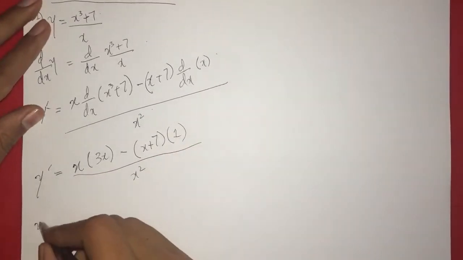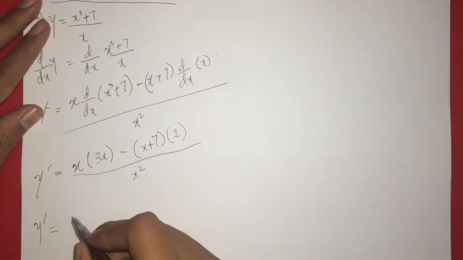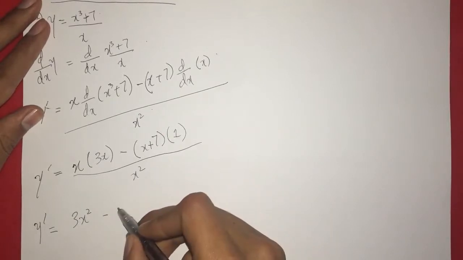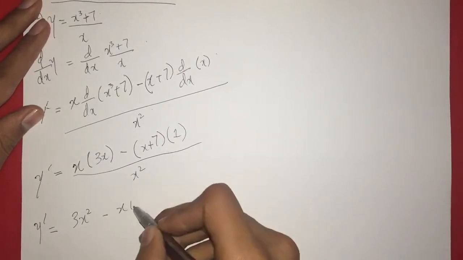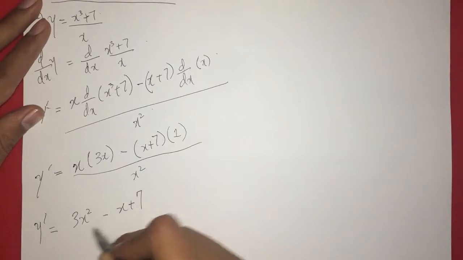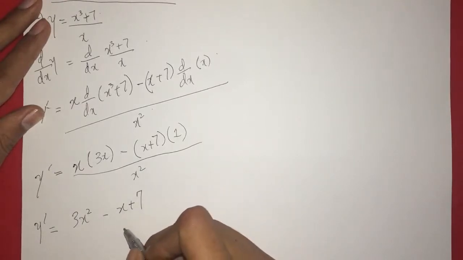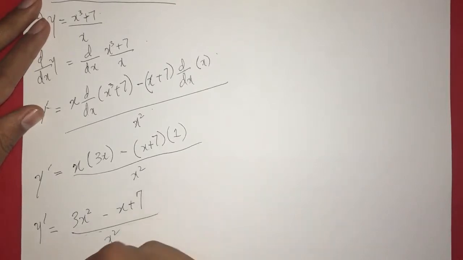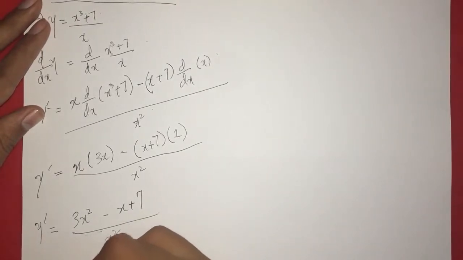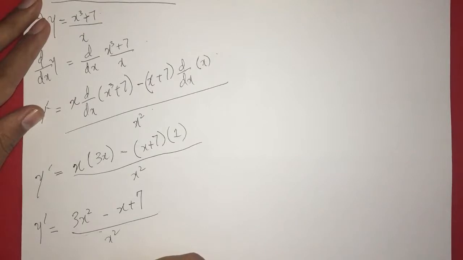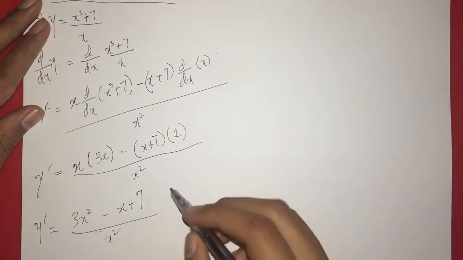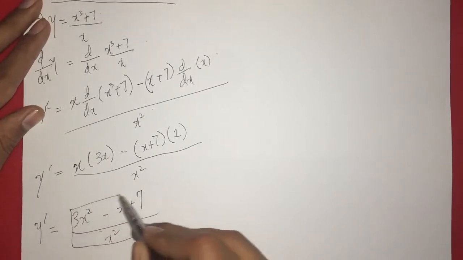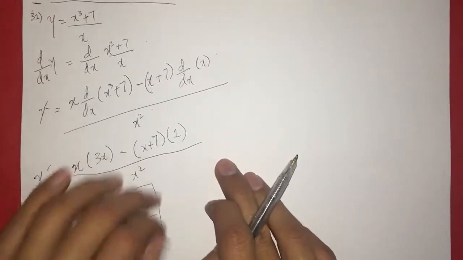Solving further, we get 3x squared minus (x cubed plus 7), since it's multiplied by 1, so it stays the same, divided by x squared. So y derivative is equal to 3x squared minus (x cubed plus 7) divided by x squared.